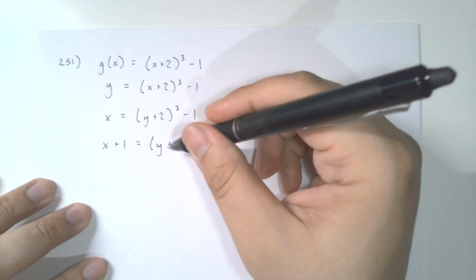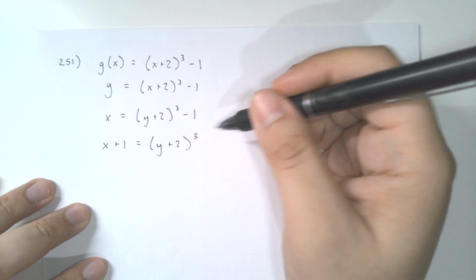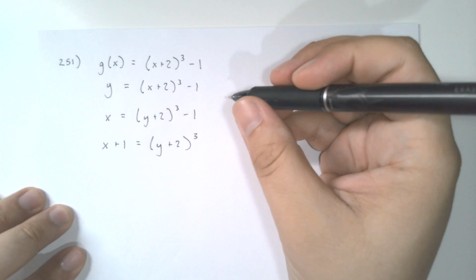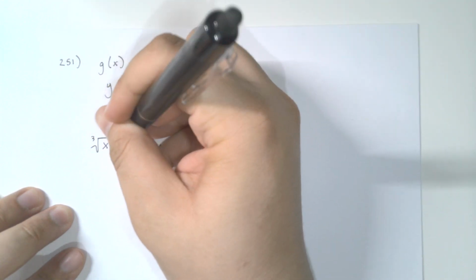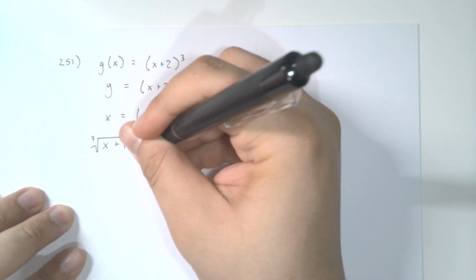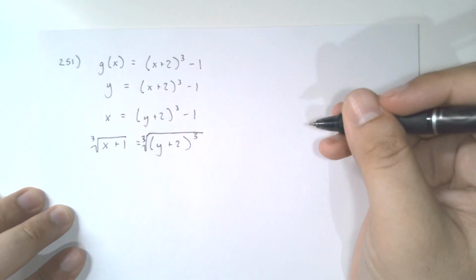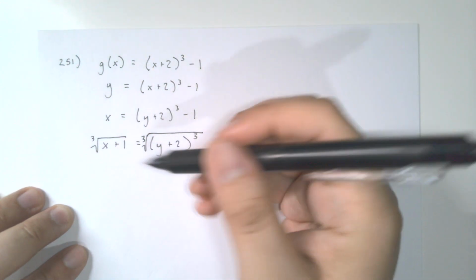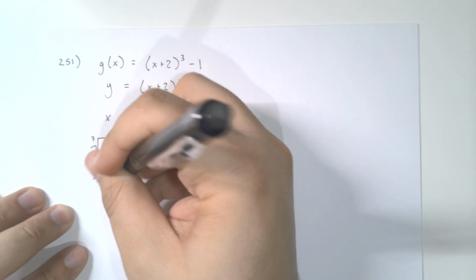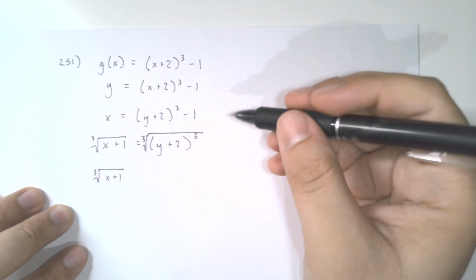And now we can get rid of the cube here, and we can do that by taking the cube root of both sides. So if we cube root both sides, we have the cube root of x plus 1.